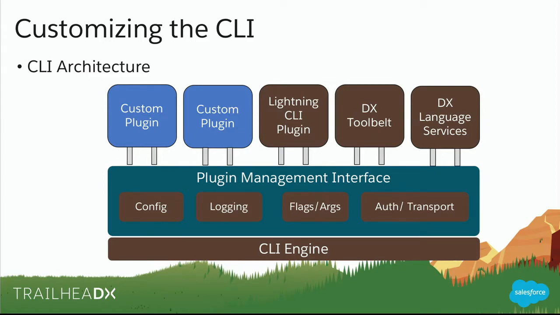And the plugins that you write will have the same kind of peer positioning as the DX plugin. Also, language services is a plugin, and this is what provides some of our IDEs and our tooling vendors with the autocomplete and other syntactical grammar things around Salesforce.